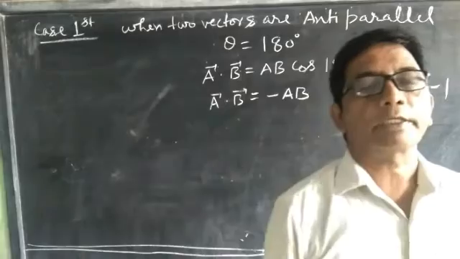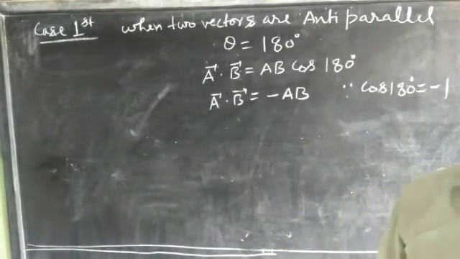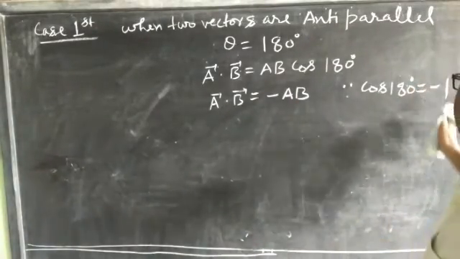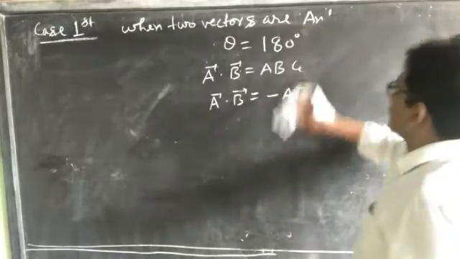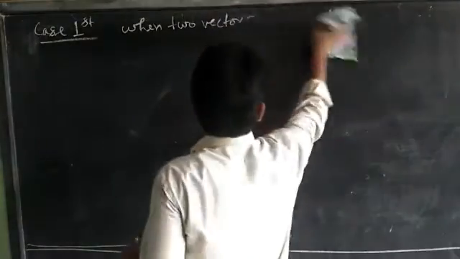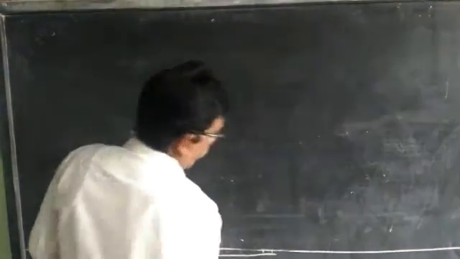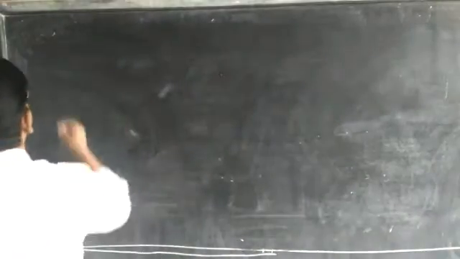Now we will discuss the properties of the dot product of two vectors. What are the properties of the dot product of two vectors?